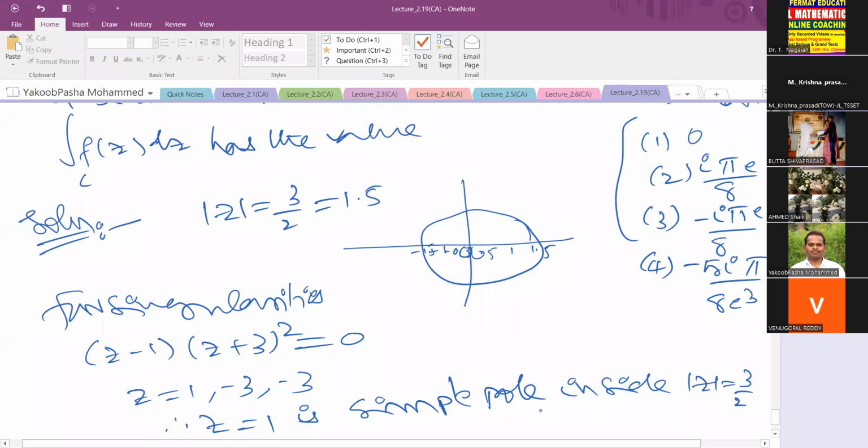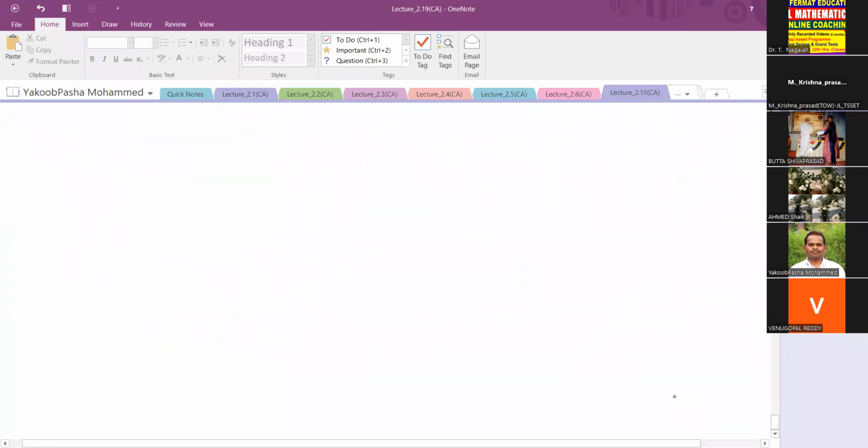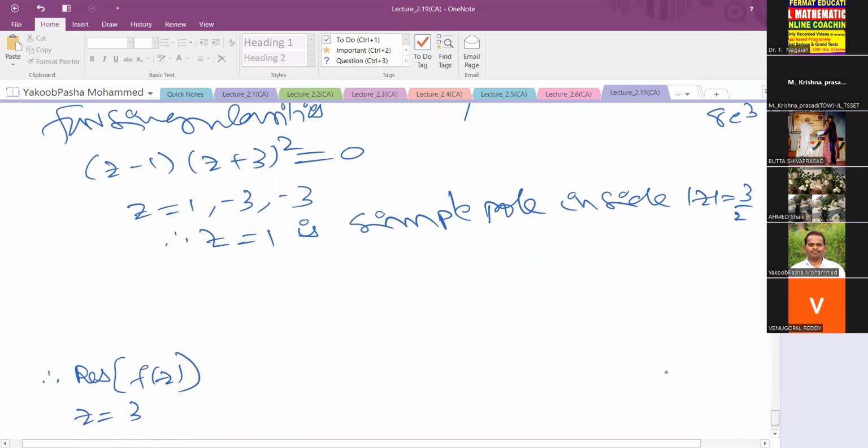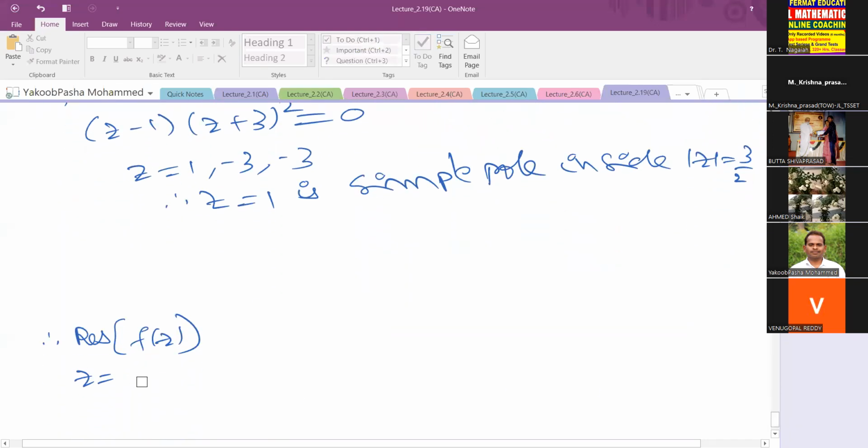Okay. So residue of f of z at z is equal to 1. We have to calculate the residue at z is equal to 1. It is a simple pole.